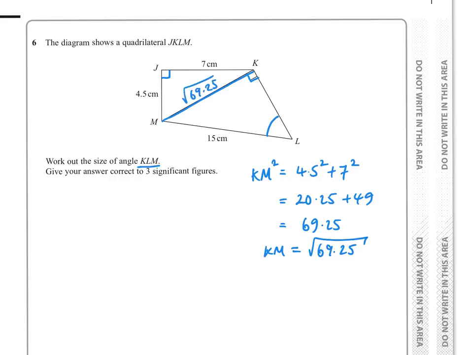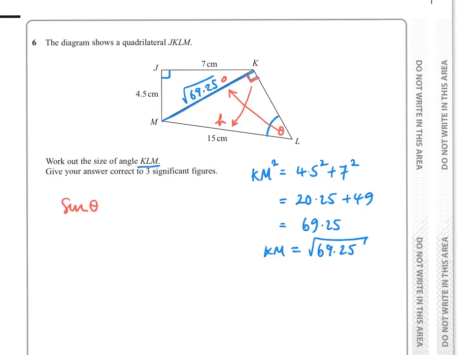Now, what I shall do is now look at the other triangle, KLM, and I'll say to myself, okay, it's a right angled triangle again. I've got the opposite here, and I've got something opposite the right angle, which is the hypotenuse. So I've got opposite and hypotenuse, so I can use sine, and I'll call this theta.